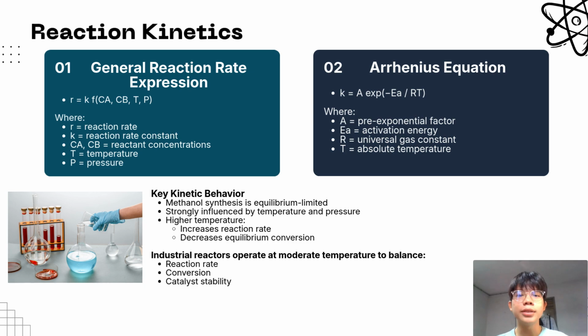However, methanol synthesis is an equilibrium limited reaction. While higher temperature increases the reaction rate, it also reduces the equilibrium conversion because the reaction is exothermic. Therefore, industrial reactors typically operate at moderate temperatures to achieve a balance between reaction rate, conversion, and catalyst stability.